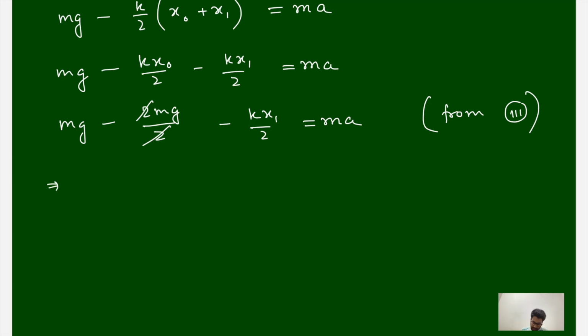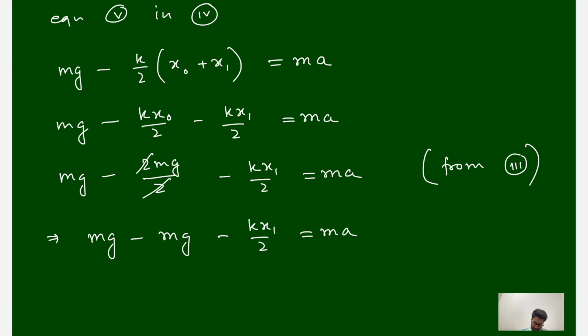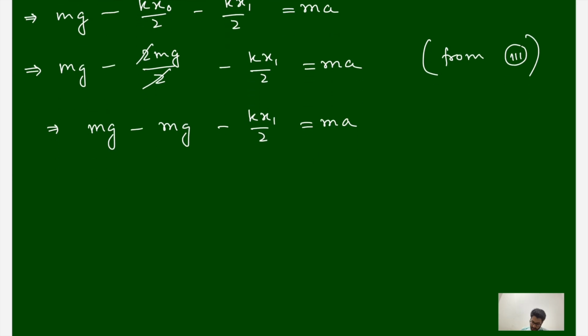Then we have mg minus mg minus k x1 by 2 is equal to ma. Then mg gets cancelled out, so we have ma is equal to minus k x1 by 2.